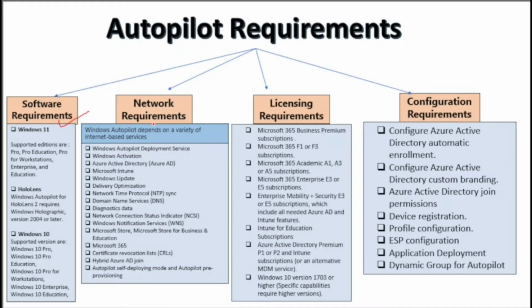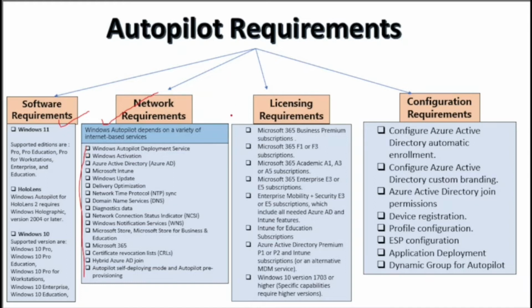With respect to network requirements, because Windows Autopilot depends on a variety of internet services, we need to ensure that all the services and their respective URLs are whitelisted and the machine is able to reach all the URLs so that Autopilot can be performed smoothly.